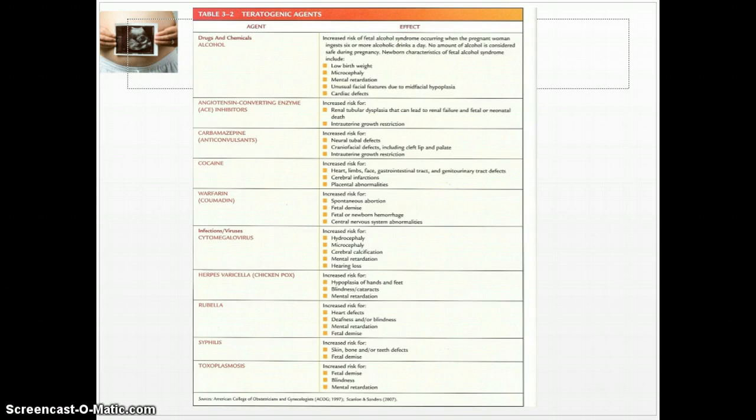ACE inhibitors, which are common blood pressure medications, can cause renal tube dysplasia and intrauterine growth restriction. Cocaine can cause cerebral infarcts in the brain of the developing fetus and placental abnormalities or abruption. Herpes can cause blindness or cataracts. Toxoplasmosis can cause fetal demise, blindness, or mental retardation.